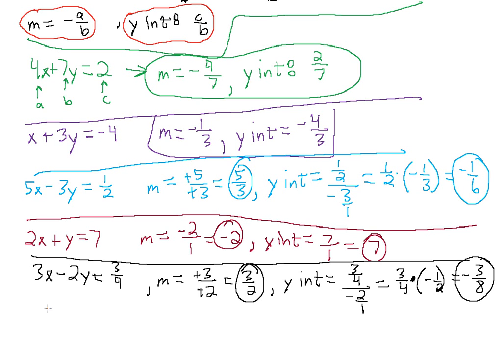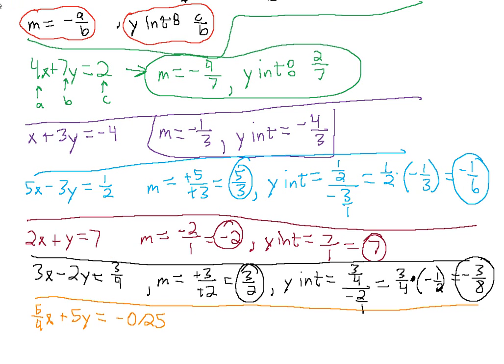Let's take a look at what we have. Let's say we have a fraction for our coefficient of x. We have 5/4x plus 5y equals -0.25.